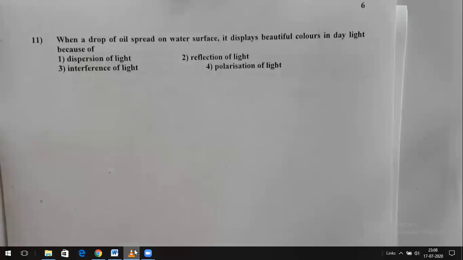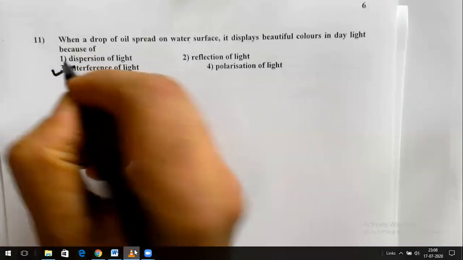Because of multiple reflections from the two surfaces of the thin transparent coating, or even in that oil layer formed on the surface of water, these multiple reflected lights interfere and produce an interference pattern, and that will be colored, and the answer is 3.